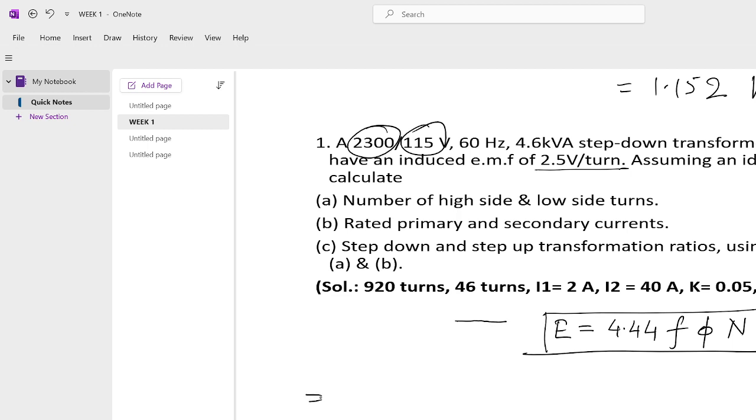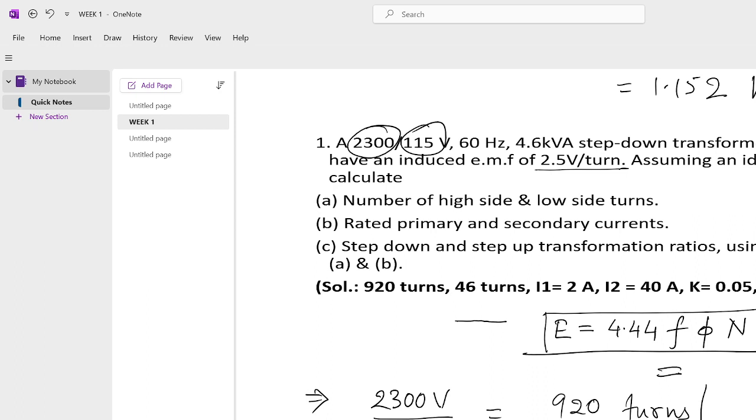EMF per turn is 2.5 volt per turn. So to get 2300 volt at the high side, how many turns are required? This is a basic unitary method question. You divide by the EMF per turn, 2.5 volt, and that comes out to be 920 turns.